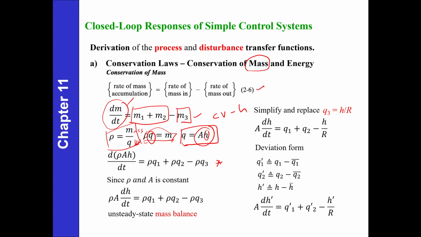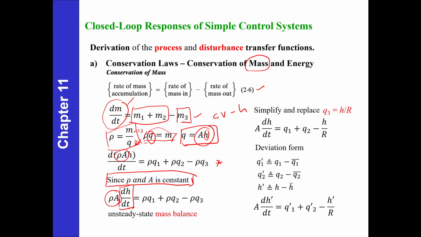This information is also given from the system: the density and the cross-sectional area are constant, so we can take these two terms out. Then we have only the changes of level over time, the changes of our control variable over time.